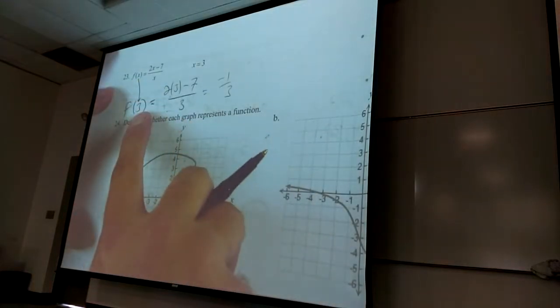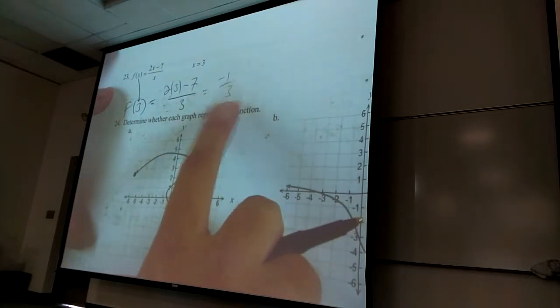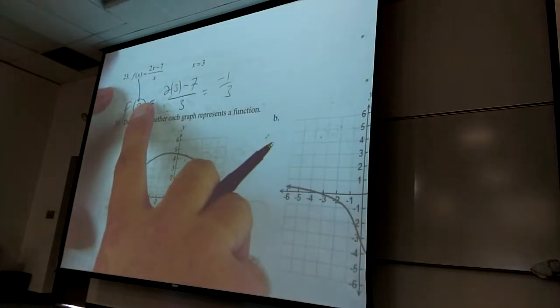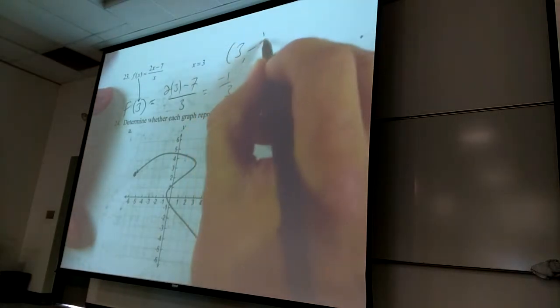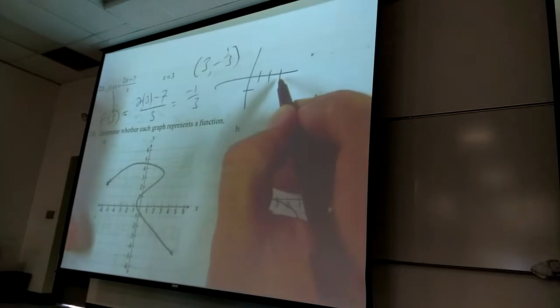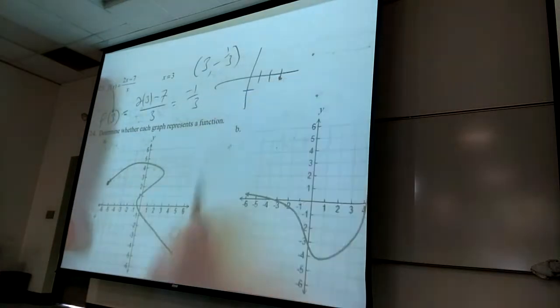X is 3, y is negative 1/3. When the input is 3, the output is negative 1/3. So a point that this goes through is 3, negative 1/3. So I would plot 3, negative 1/3.